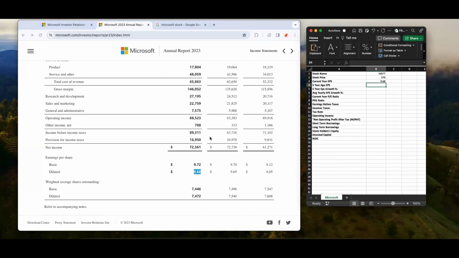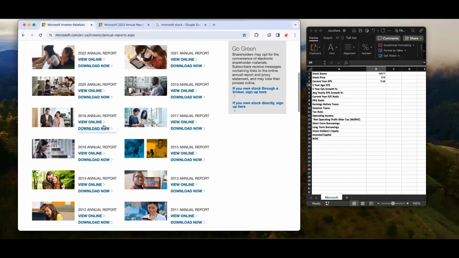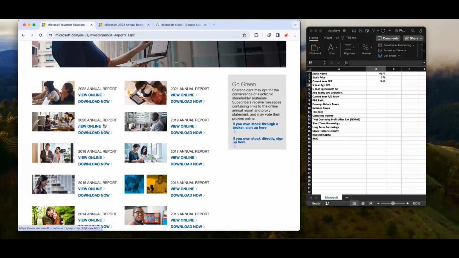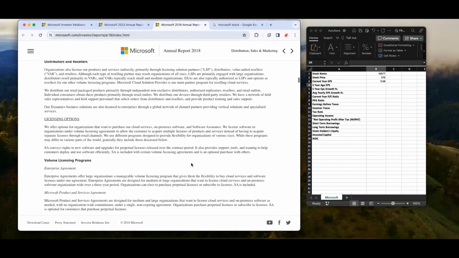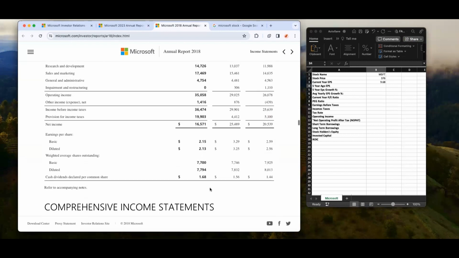Then we find the EPS 5 years ago. So we can go here and search for 2018, the same way, go down, search. In 2018, the EPS was 2.13.